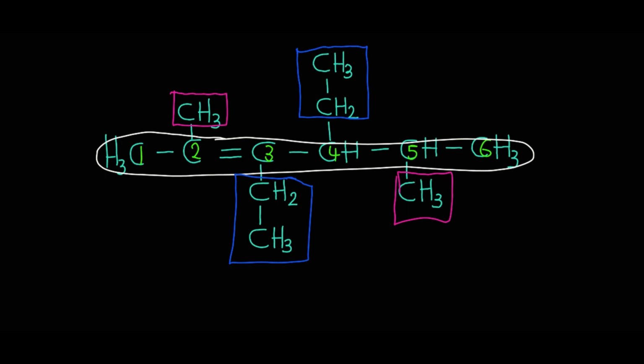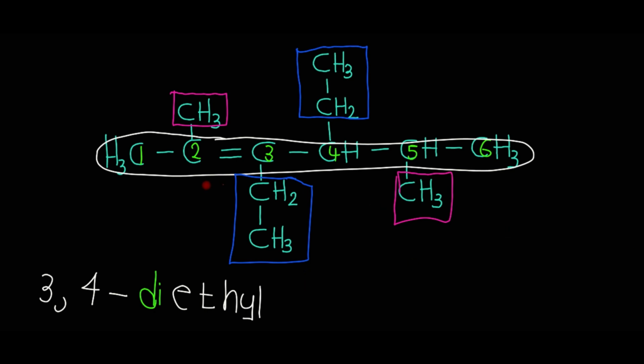So let's see. We have ethyl in carbon 3 and also in carbon 4. So we say 3, comma, 4, and because it is ethyl twice, we say di, and then ethyl. Now we will write methyl.